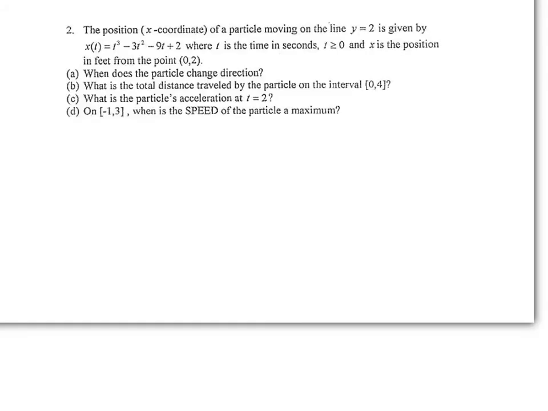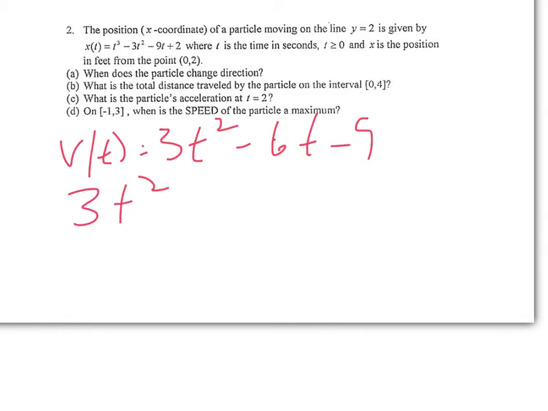Okay, on this question for number 2, you have x of t is equal to t to the third minus 3t squared plus 9t plus 2. We want to know when the particle changes direction, so just like before, we're going to be taking the velocity, so v of t is equal to 3t squared minus 6t minus 9, and we're going to set that equal to 0. Factor out a 3, you're left with t squared minus 2t minus 3 is equal to 0.